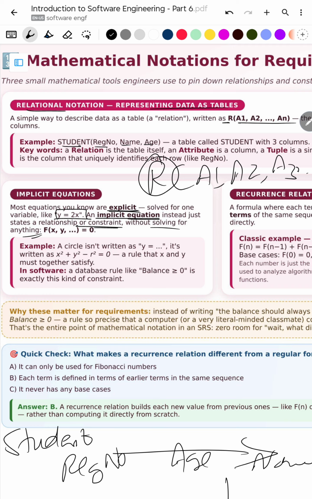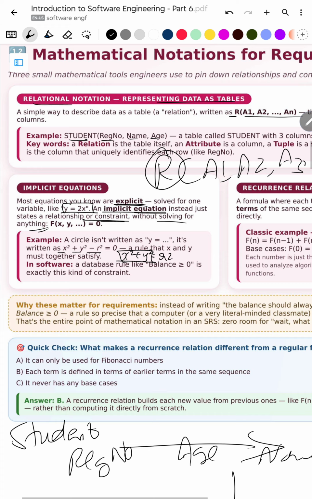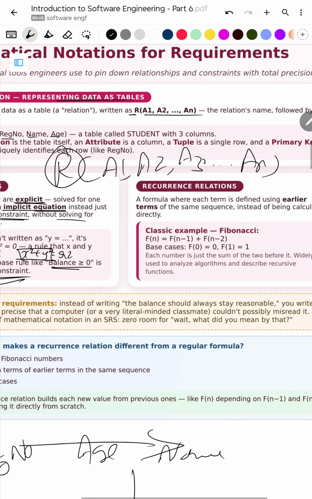Example: a circle is not written as y equals something, it's written as x squared plus y squared minus r squared equals 0. We have seen this formula, x squared plus y squared equals r squared. It's a rule that x and y together must satisfy this condition. In software, a database rule like balance greater than or equal to 0 is exactly this kind of constraint.